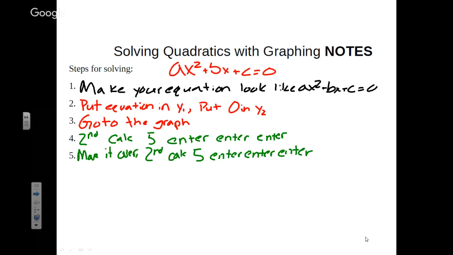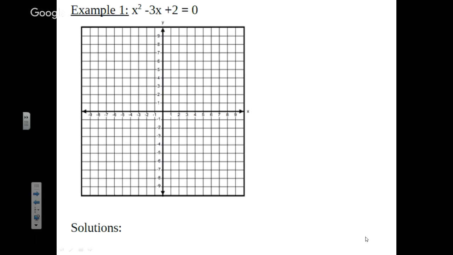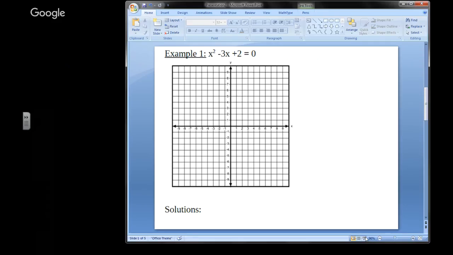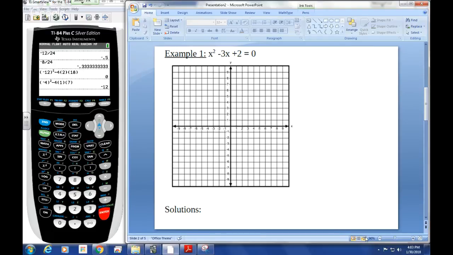So when you have an equation, x squared minus 3x plus 2 equals 0, that's already in the form that we want. That's ax squared plus bx plus c equals 0. So where we go from here is to the calculator.